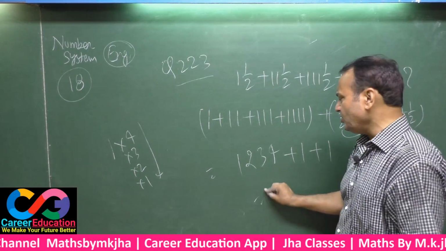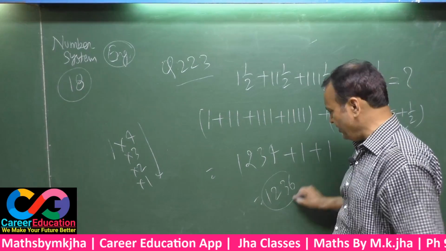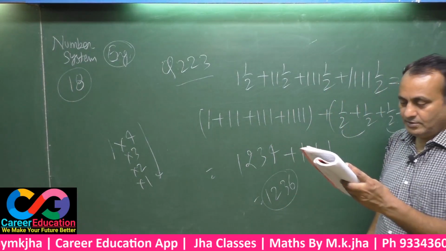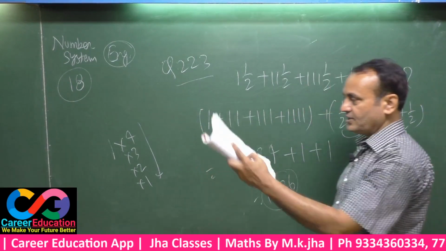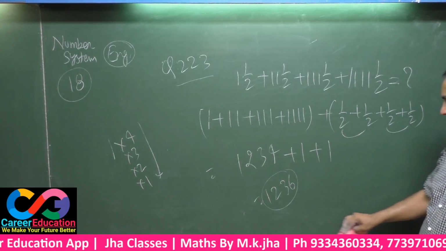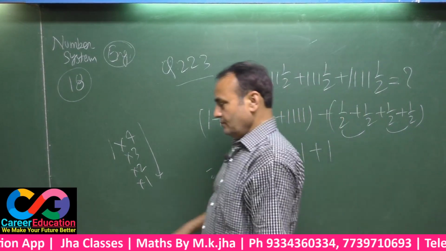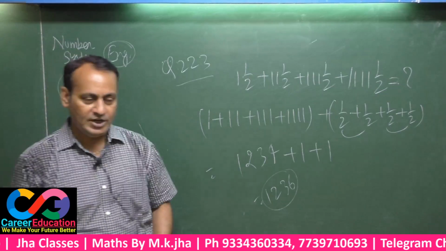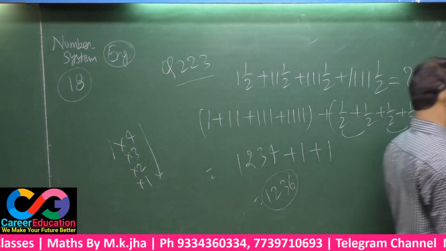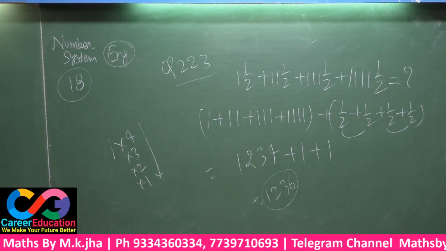That means you got the result 1236. This is perfectly the right answer. Note down. Thus you solved question number 223 also. This is the mixed type.